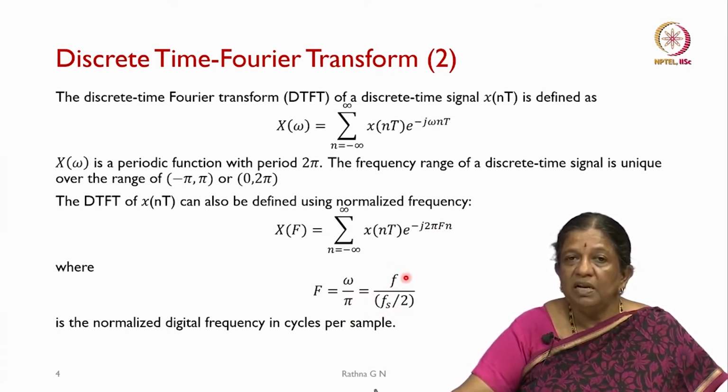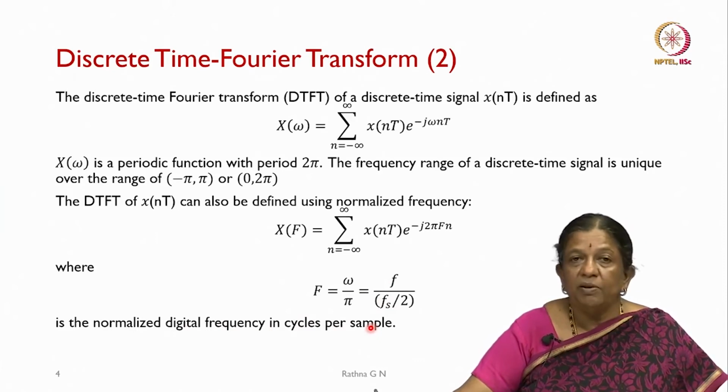Here f is the signal frequency we are interested in, and fs is the sampling frequency. We say it is the normalized digital frequency in cycles per sample.